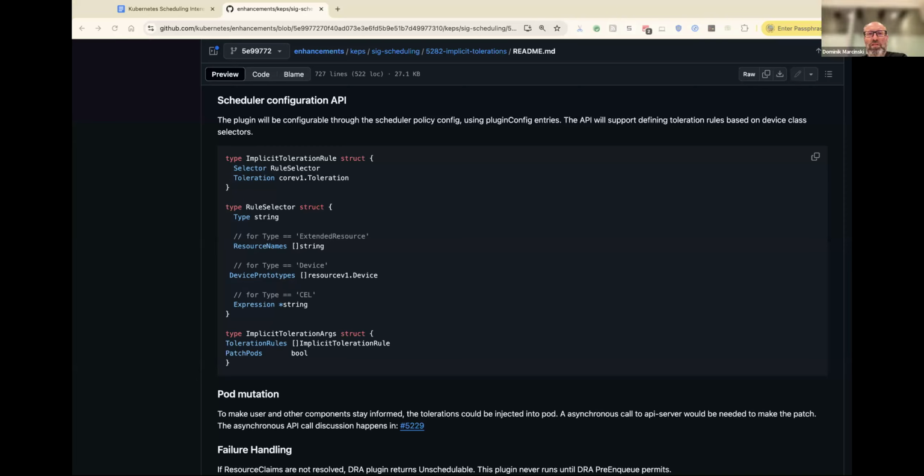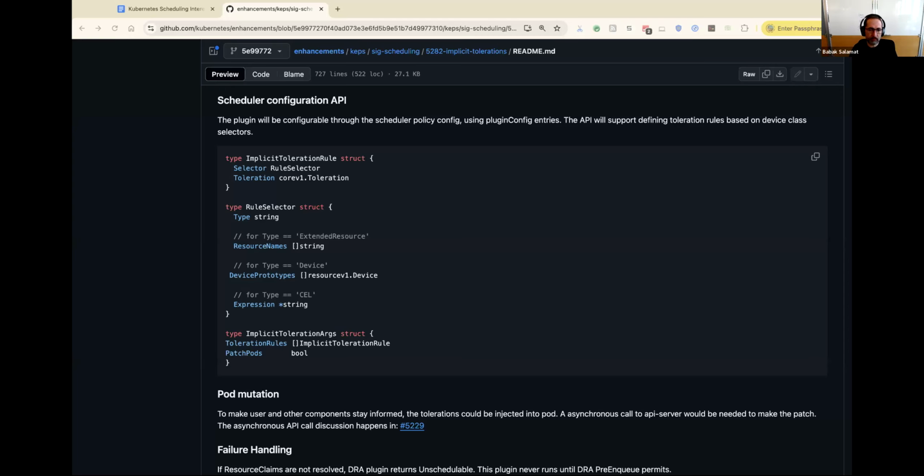Probably I'm not the best person to answer this question, because users can tell. But in my opinion, tainting nodes to prevent scheduling pods that do not use scarce resources is not the best way of doing that in general. I also made that comment. I'm sorry, I haven't checked whether there are any replies. But I think this is a very specific case.